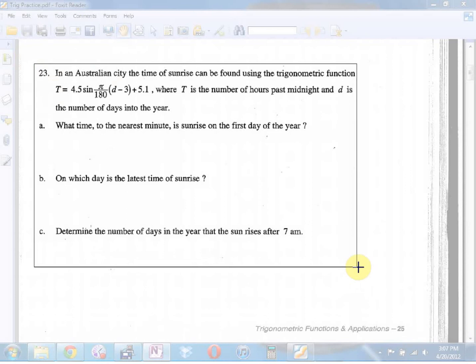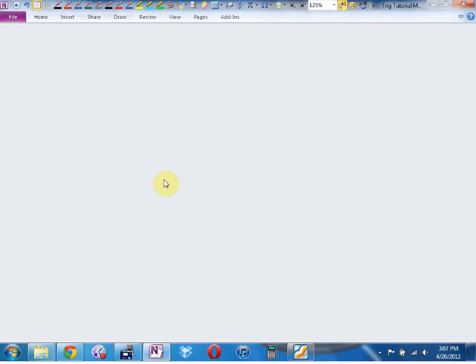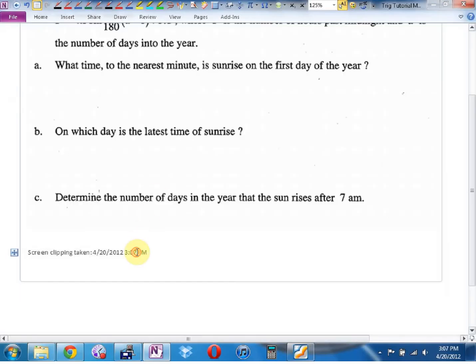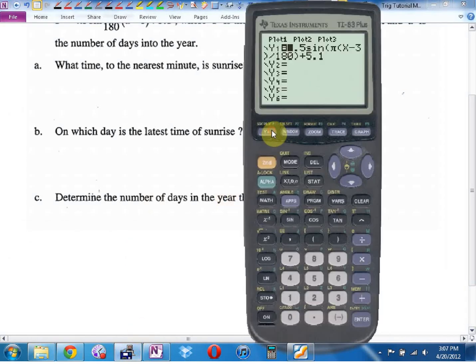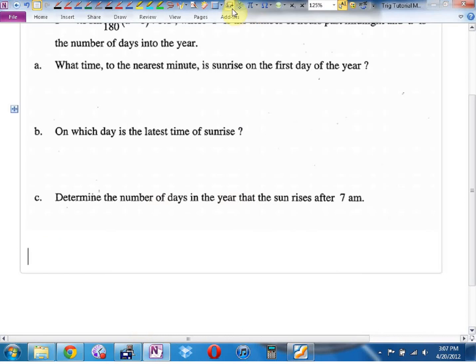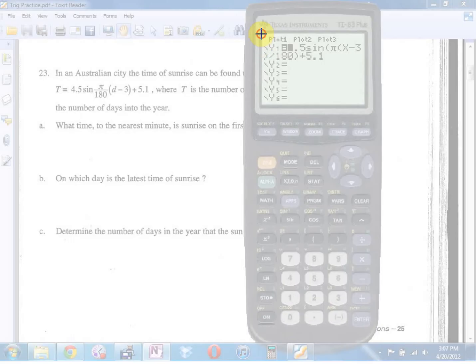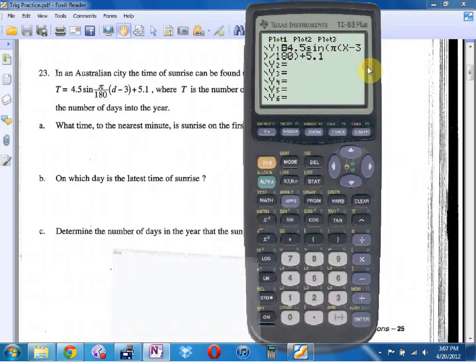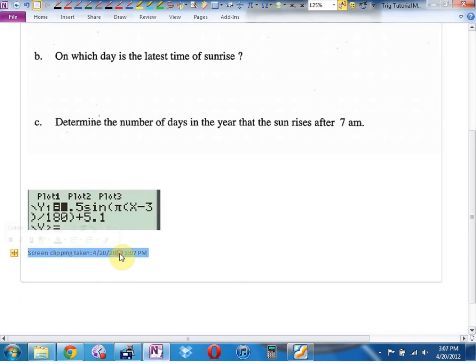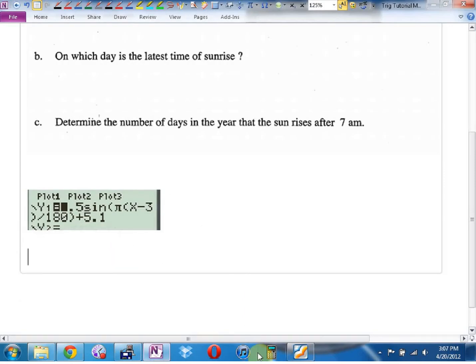Okay, let me copy this first of all. And let me copy this next of all. I type that. And let me copy this third of all.